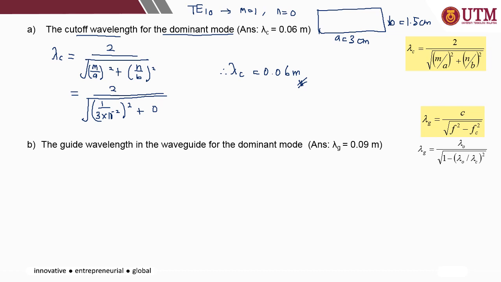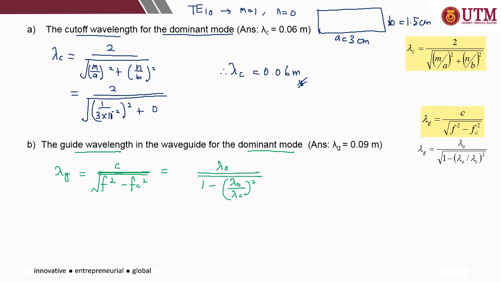Okay, next, the guide wavelength in the dominant mode as well. So refer to the equation. Lambda g equal to c over the square root of f squared minus fc squared, or this one, equal to lambda naught divided by the square root of 1 minus (lambda naught divided by lambda c) squared.